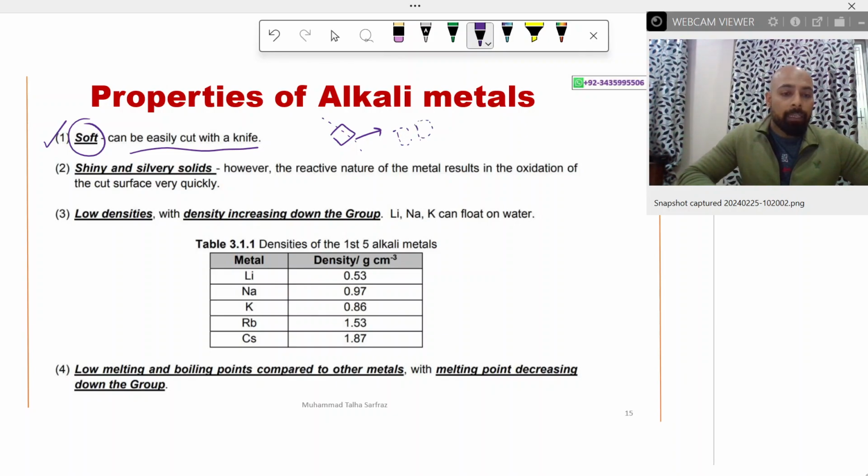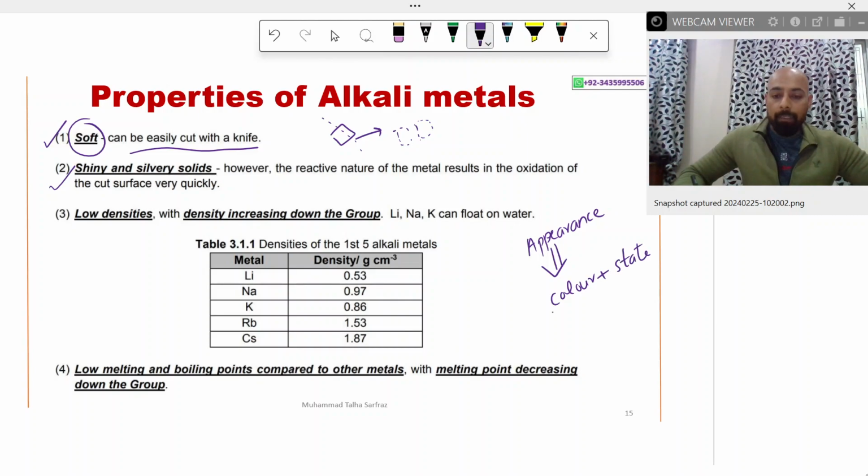Then they are shiny and silvery solids. Shiny, this is basically their appearance. Okay, you should know. In Cambridge, whenever the examiner questions you about the appearance, just remember 2 things, right? The examiner is asking you about the color and state.